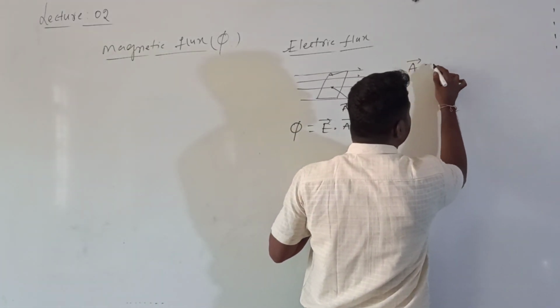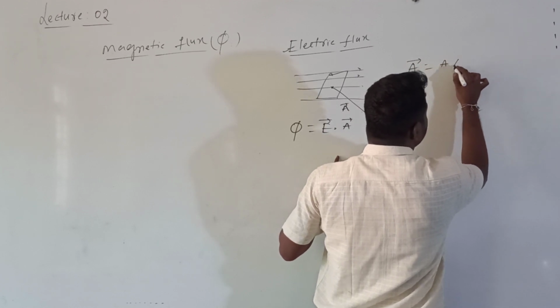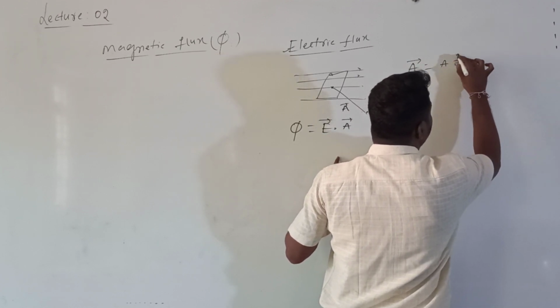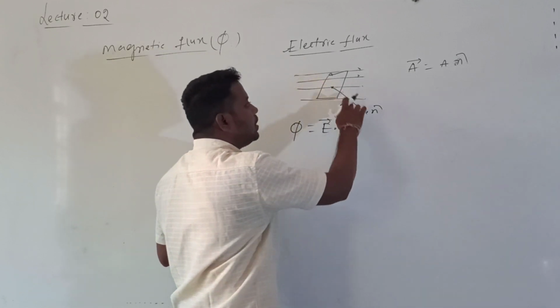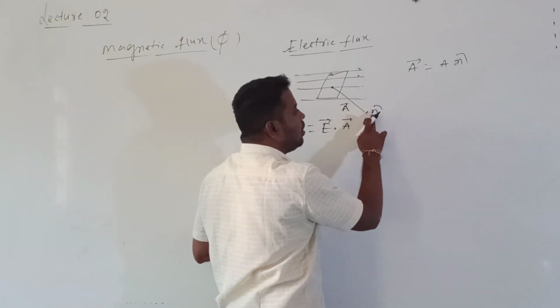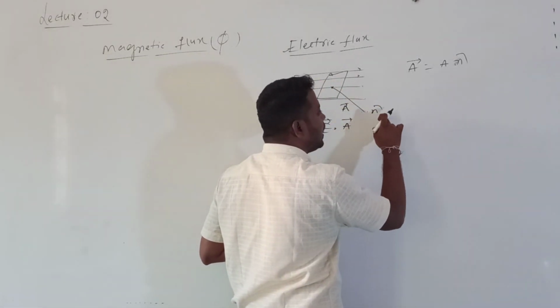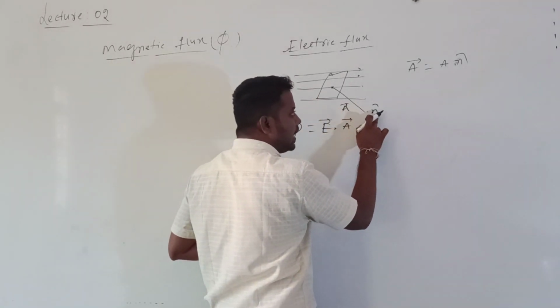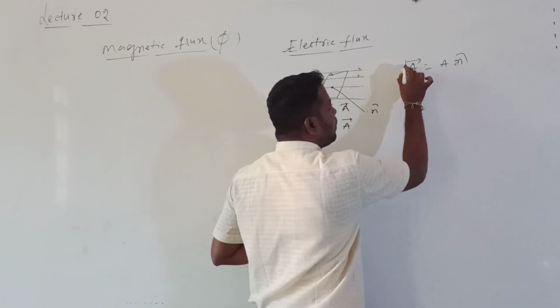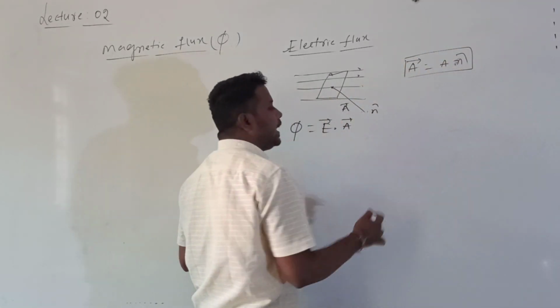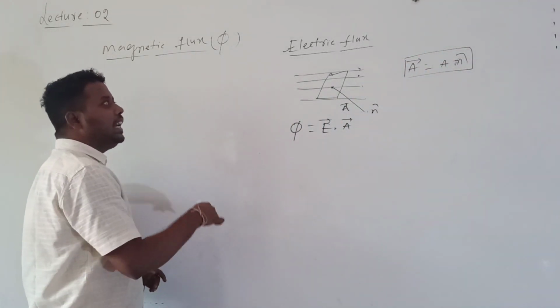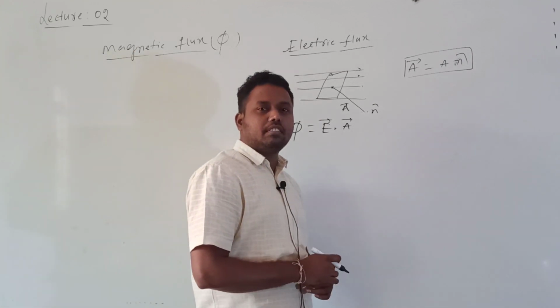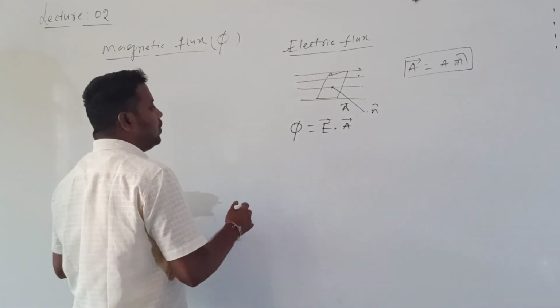So if A bar is the area vector, A bar is equal to A into n cap. The normal drawn to the area is represented by the unit vector n cap, and the direction of A bar is in the direction of n cap, so A bar is equal to A into n cap. This you studied in electrostatics.